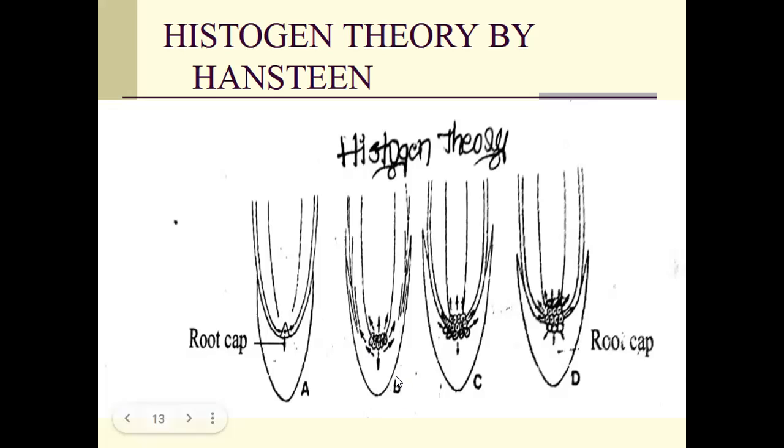The next diagram belongs to gymnosperms. The gymnosperm root terminal part contains two tiers of meristem tissues. The two tiers are called histogen tissues. From these two tiers, the lower tier of histogen tissues participates in divisions. They develop into two major portions of the root.